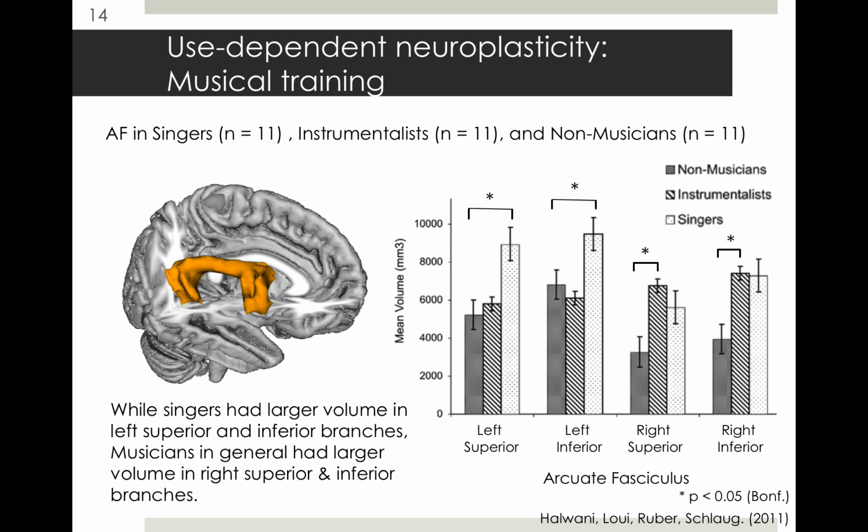You know what Guitar Hero is? Yeah, it's a musical training video game. And after a week of Guitar Hero playing, people actually showed a larger right hemisphere arcuate fasciculus. I think that's really compelling evidence for use-dependent neuroplasticity. In other words, there are actually brain changes as a result of what you get trained on.